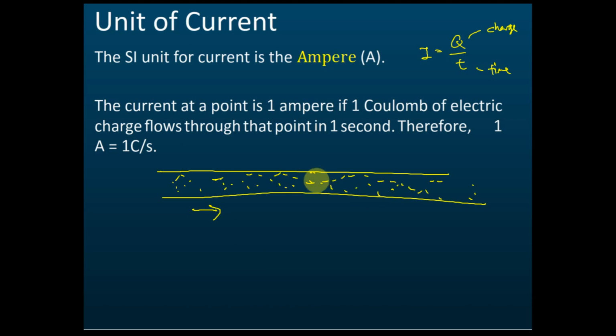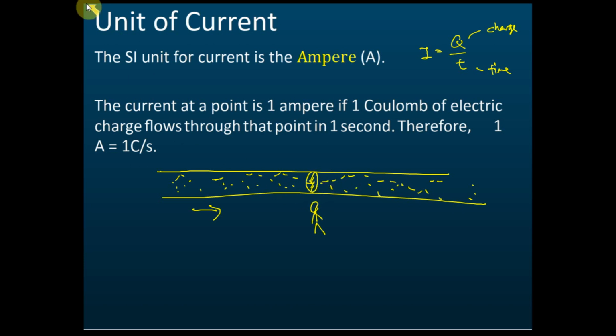If we take this cross-sectional area and we stand here and count, how much charge passes through this cross-sectional area in 1 second?